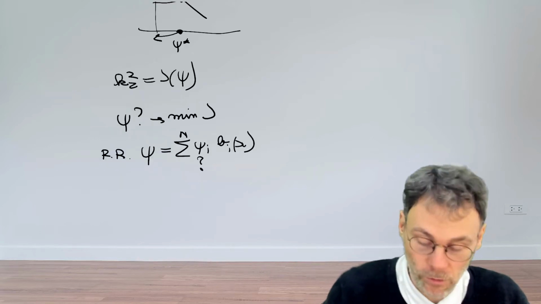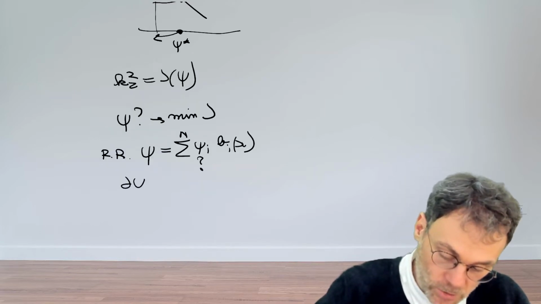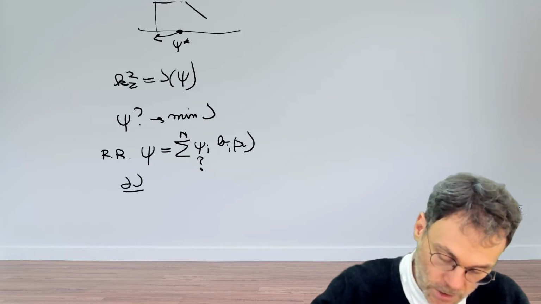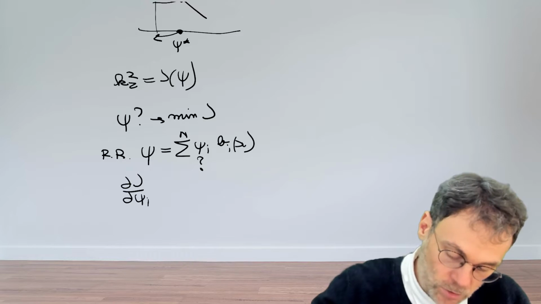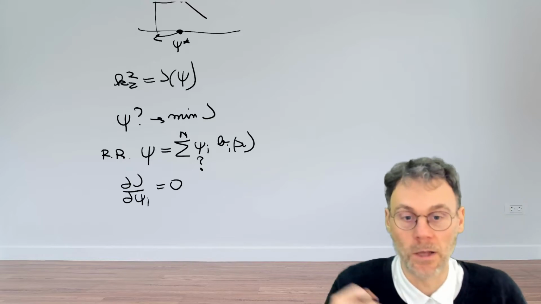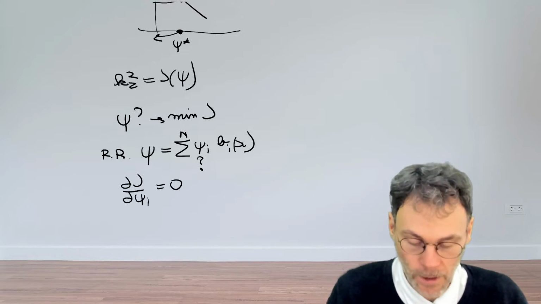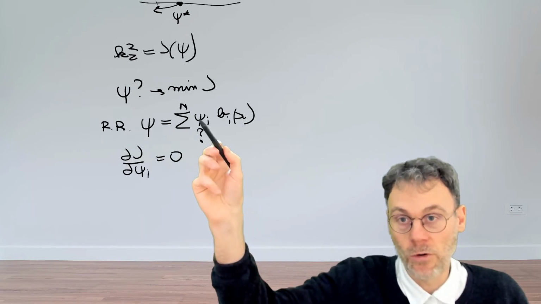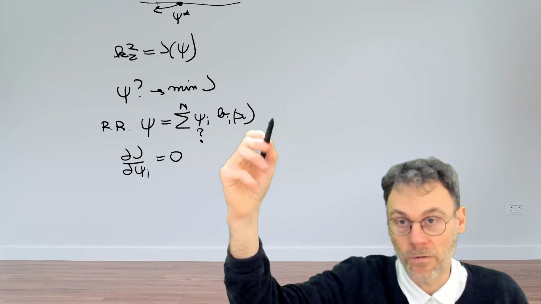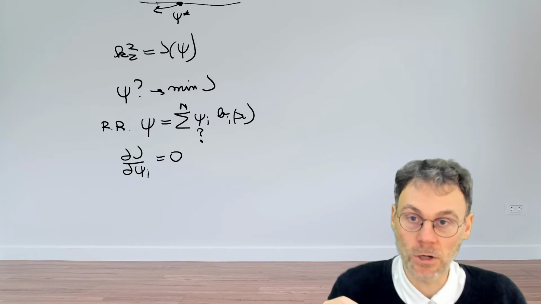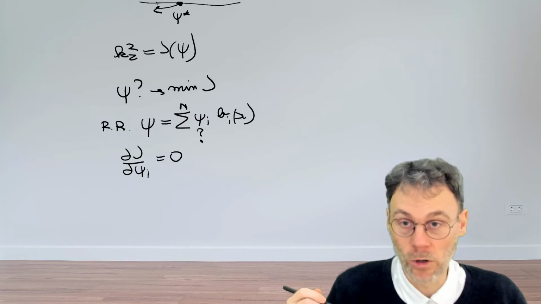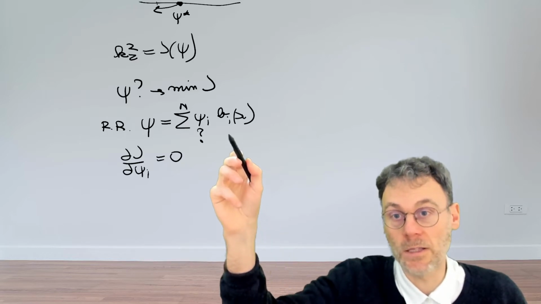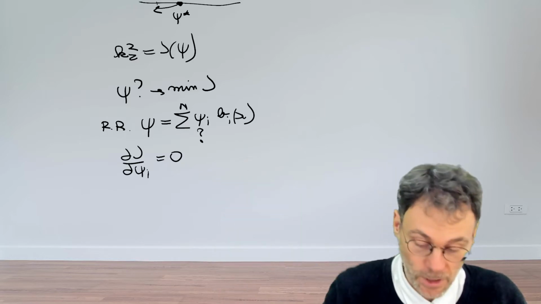And then, Rayleigh-Ritz just takes the partial derivative of the function that you want to minimize with respect to all of the unknowns, puts it equal to 0, and then you hopefully have a linear system. Now, strictly speaking, when you're doing Rayleigh-Ritz and you're replacing psi with this finite sum of basis functions, the resulting object will no longer be a functional, but a normal function because it has a finite number of inputs.